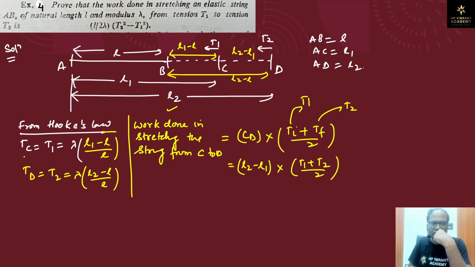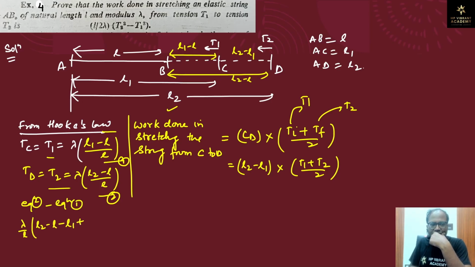Now this is equation 1 and this is equation 2. So equation 2 minus equation 1: we have lambda upon L into (L2 minus L1 minus L1 plus L), which is equal to T2 minus T1. This gets cancelled. So we have L2 minus L1 equal to L upon lambda into (T2 minus T1).